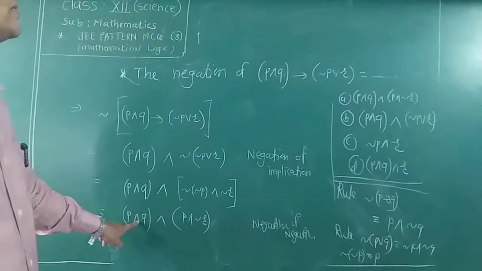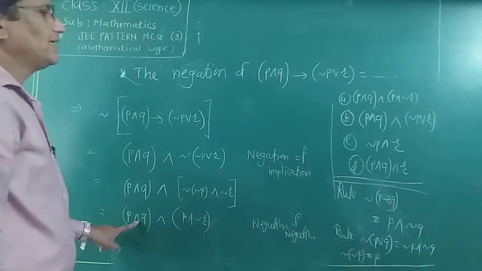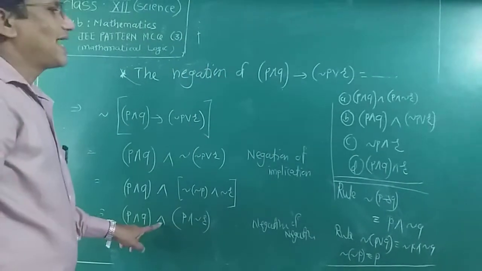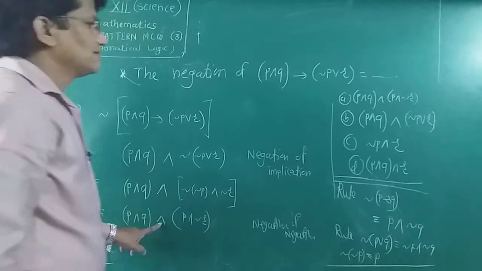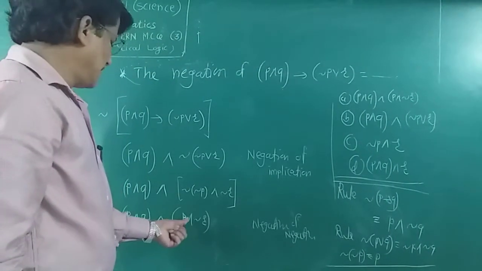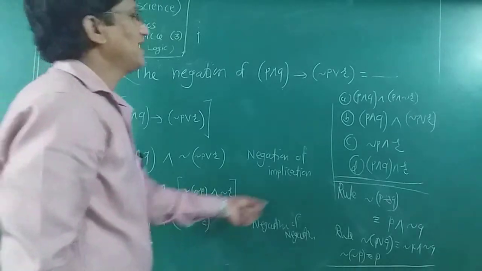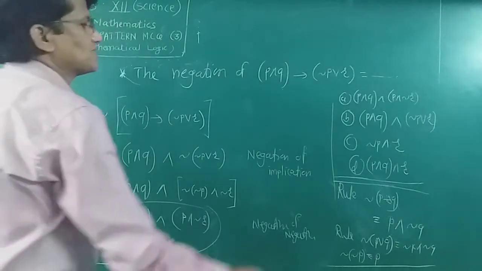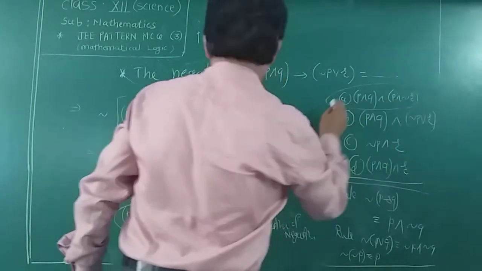P and Q is in option first as well as second. Here and is applied again. Here also. In the second bracket, P and negation R, yes, that option is the first. Look, this answer and this answer are the same.